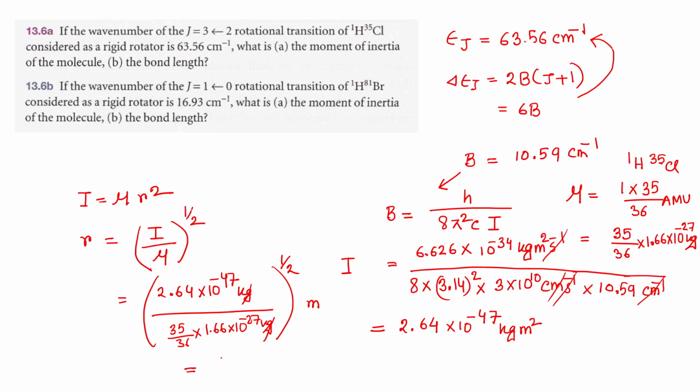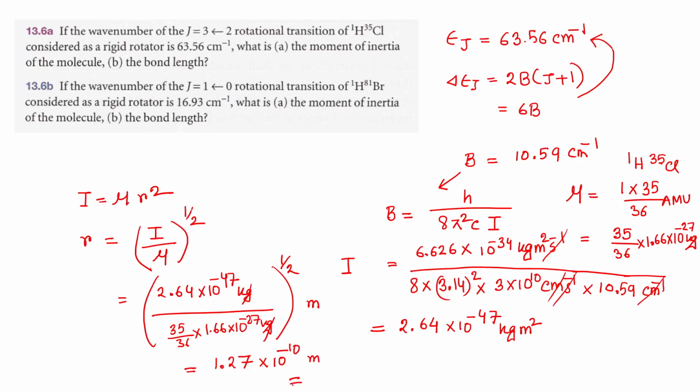Now let me do this, divided by 35 multiplied by 36 divided by 1.66. It is coming something around 1.27 into 10 to the power minus 10 meter.